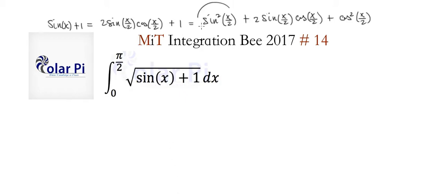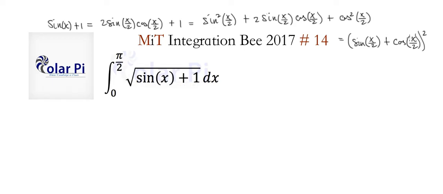Now, so, as we said, these three make the perfect square a plus b all squared. So that in this case is sine x over 2 plus cosine x over 2 all squared. And so this here, a plus b all squared, is sine of x plus 1. So the square root of sine of x plus 1 should be the square root of a plus b all squared, and therefore just a plus b, yeah?